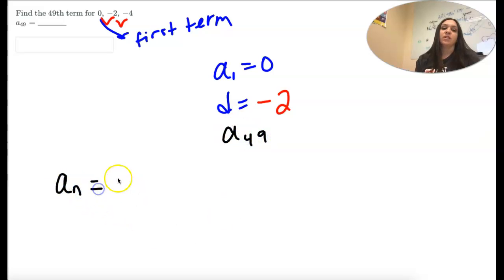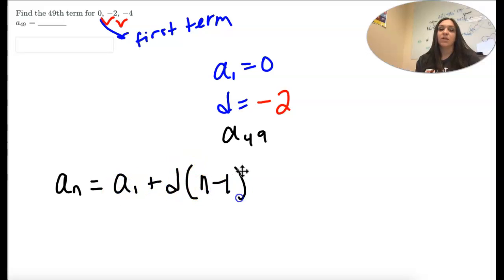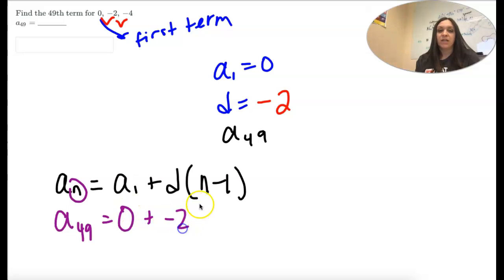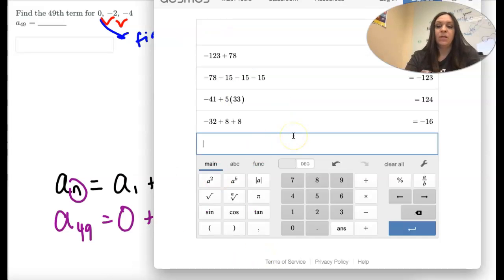So our equation is we take the first term plus the difference times n minus 1. And in this case, n is 49. That's what we're looking for. So first term 0, difference negative 2, 49 minus 1. And then you would type it in just like that. So negative 96.